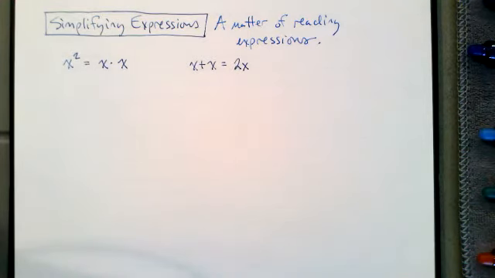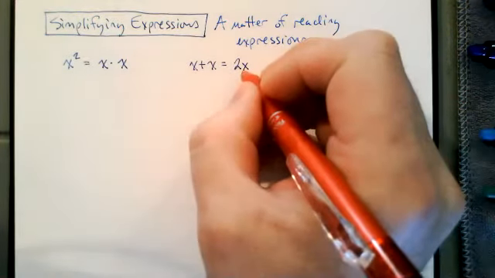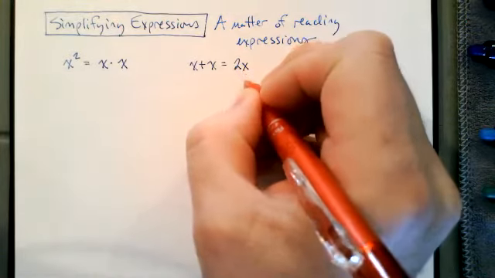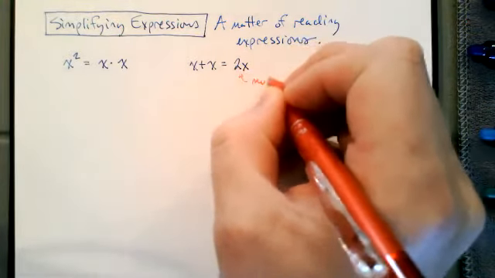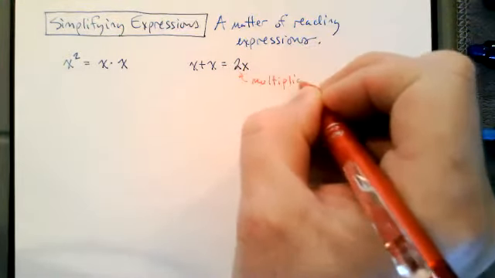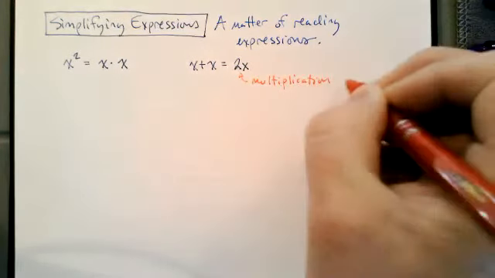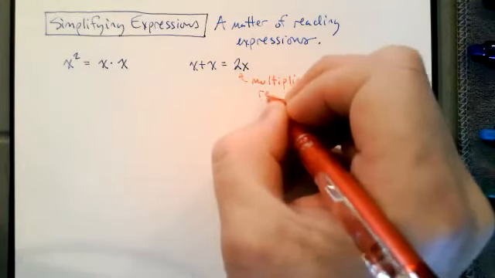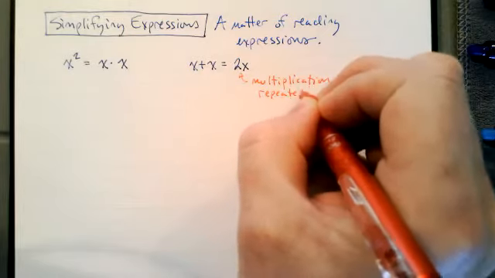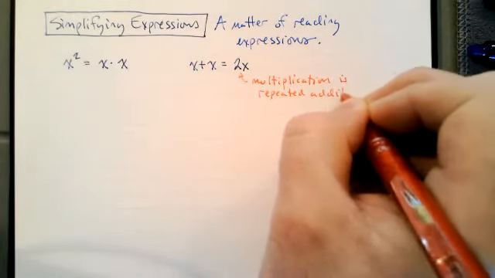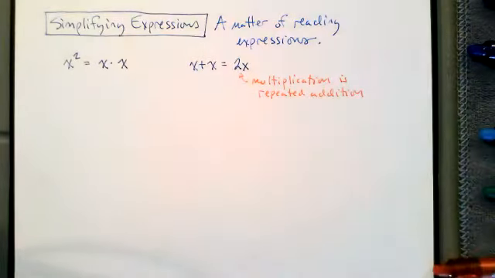This has to bring to mind the rules that we had for these operations. This is 2 times x. This is multiplication. Multiplication is repeated addition.